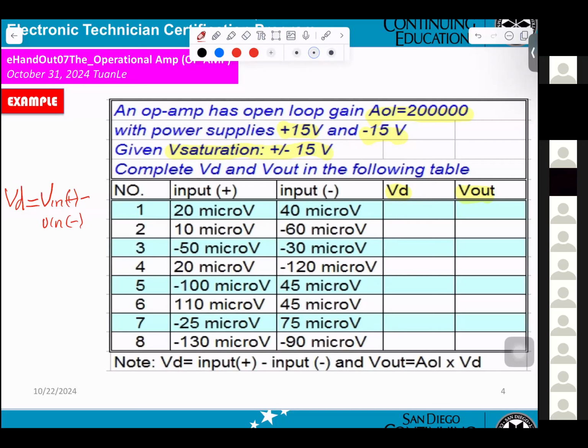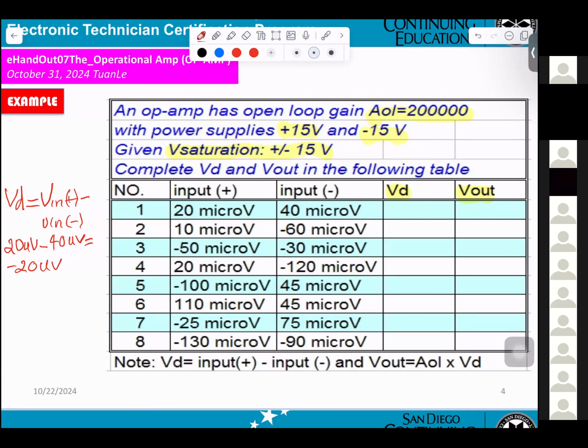That means you get 20 minus 40, which is minus 20 microvolt.